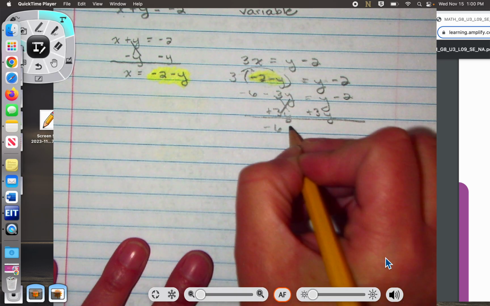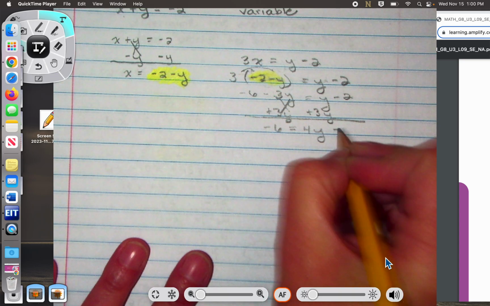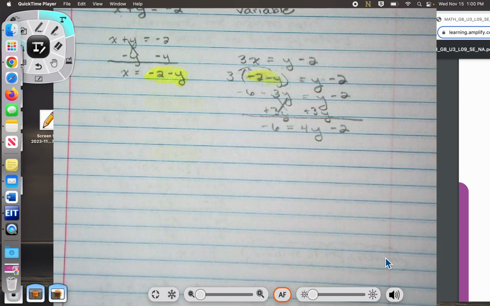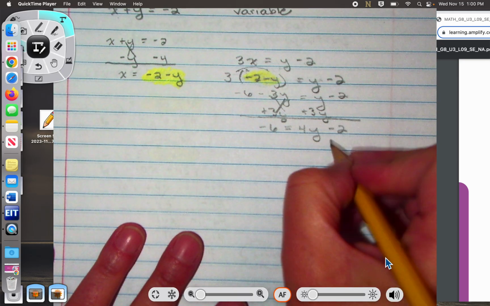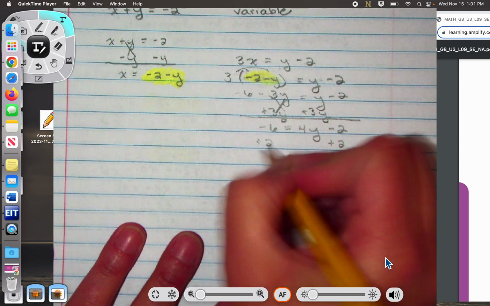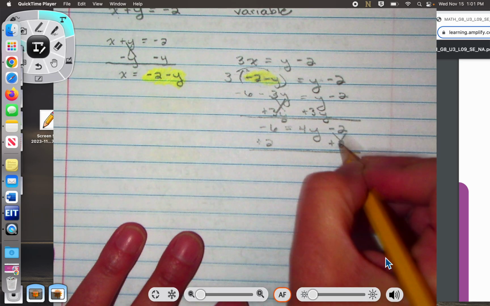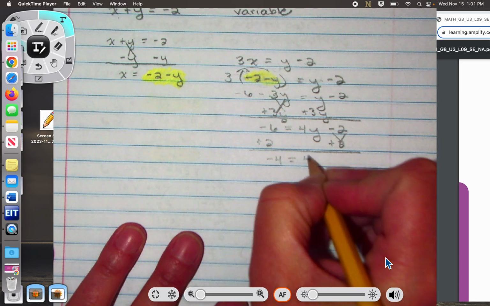So I have -6 equals 4y minus 2. Then I'm going to add the 2 to both sides. So now I have -4 equals 4y.